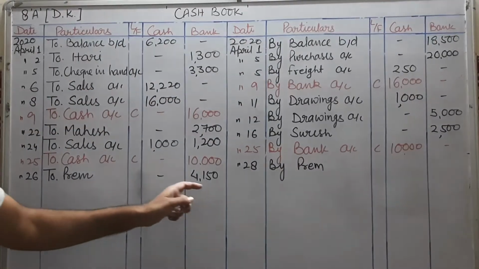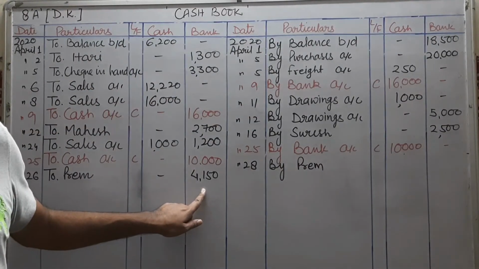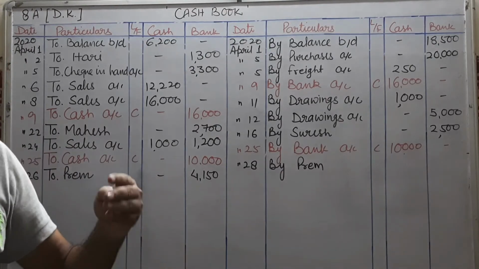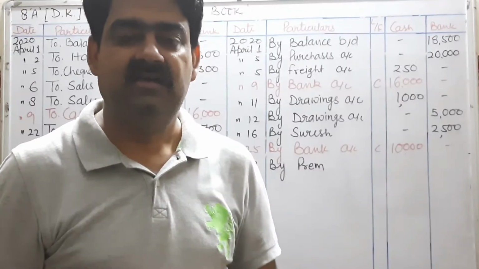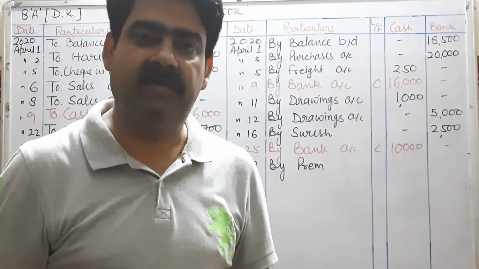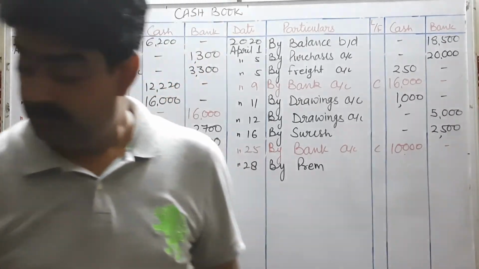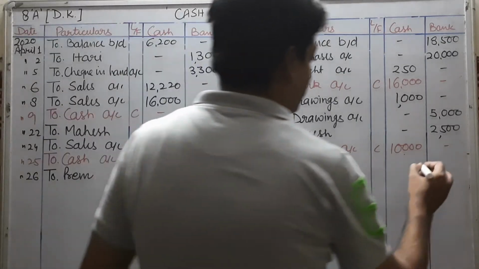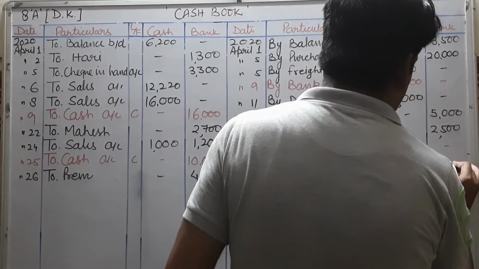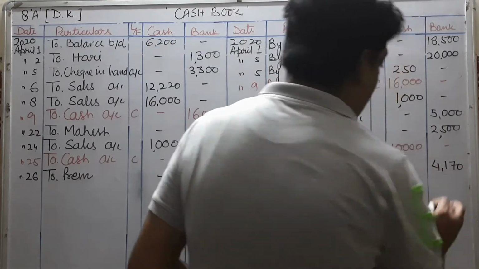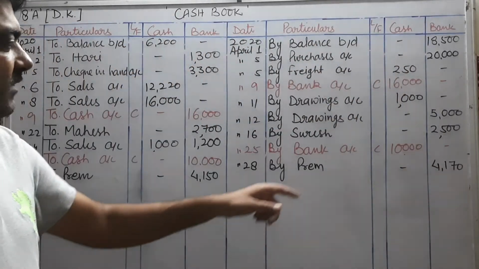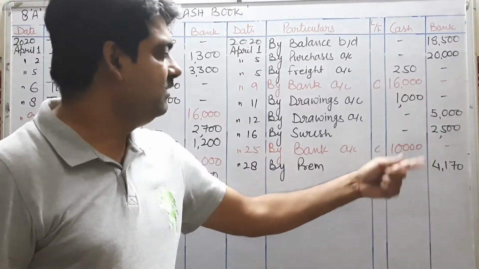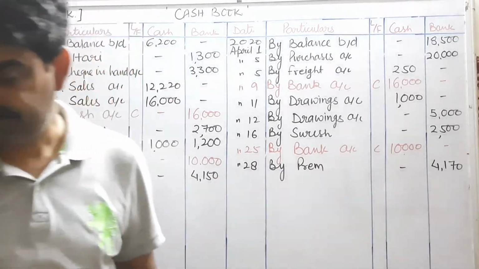See, amount of check was 4,150 rupees and bank has charged rupees 20 from us as bank charges, and we will take this 20 rupees from Prem. So in this particular condition, amount will come 4,170 in bank column, and we will include the amount of bank charges rupees 20 in check of Prem.